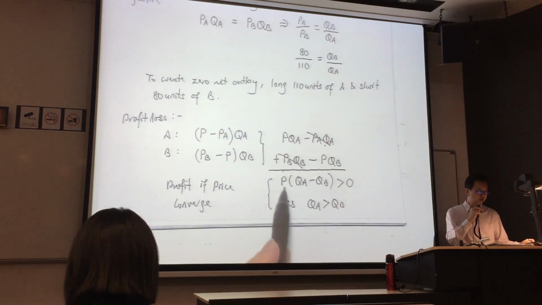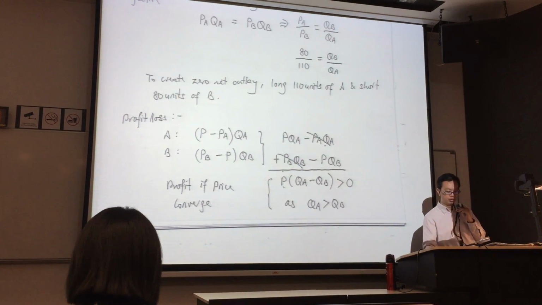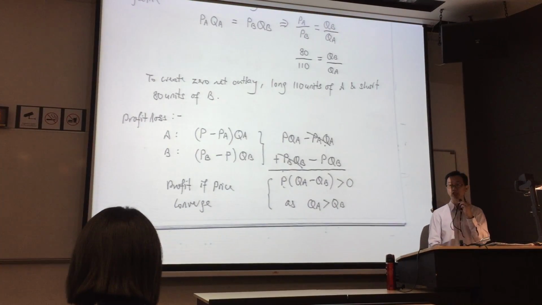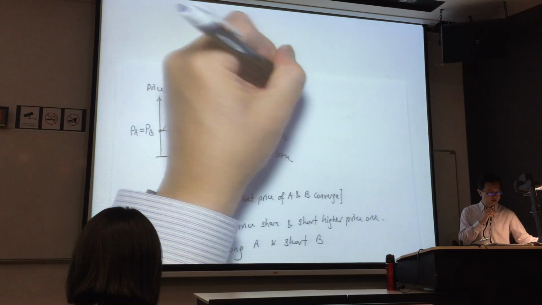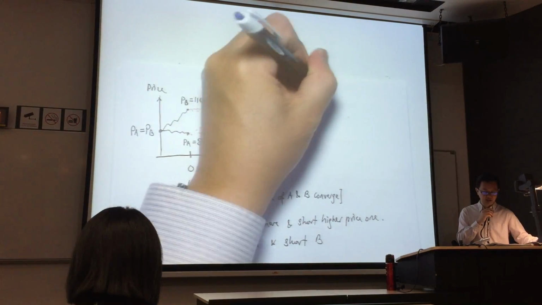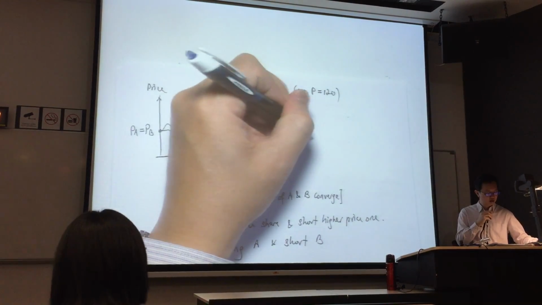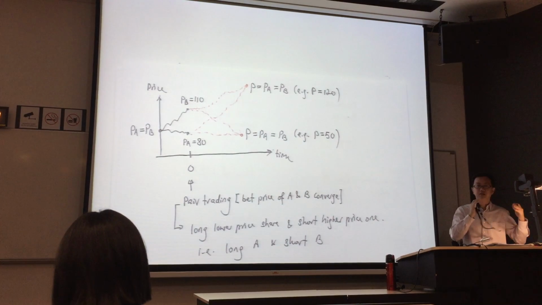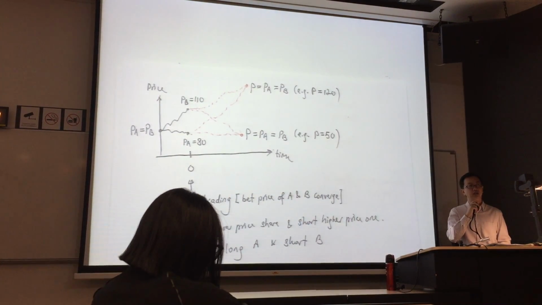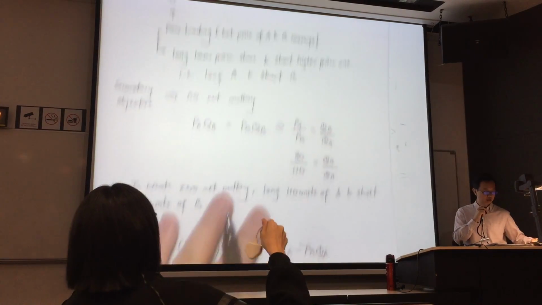If P is equal to 50, 50 times 30, it still gives you a profit of 1,500. It will be profit at all times, so long as the prices converge. This strategy doesn't matter whether it is converging at a higher level or a lower level. The main idea is the price converges, and the profit will be made. So any questions?